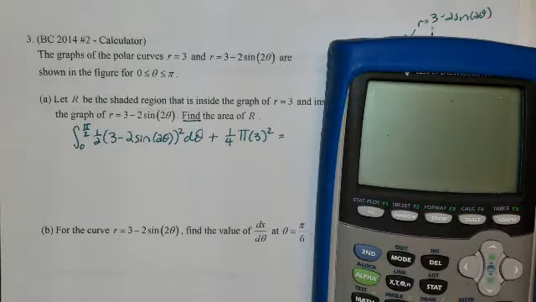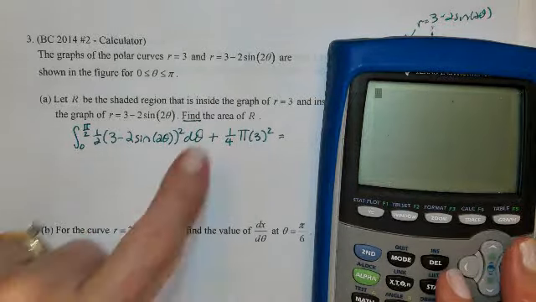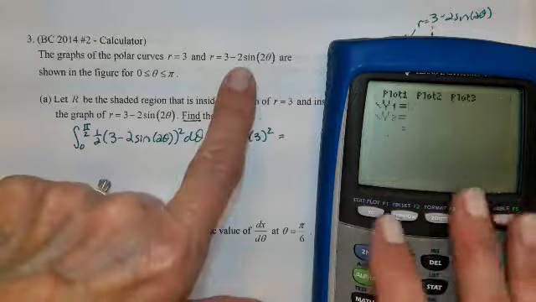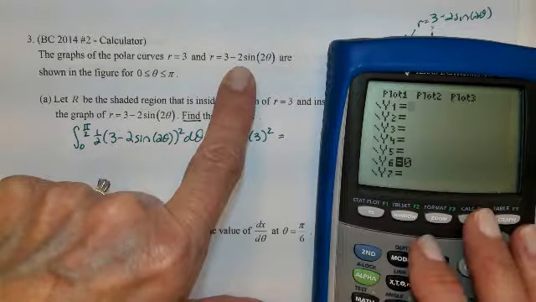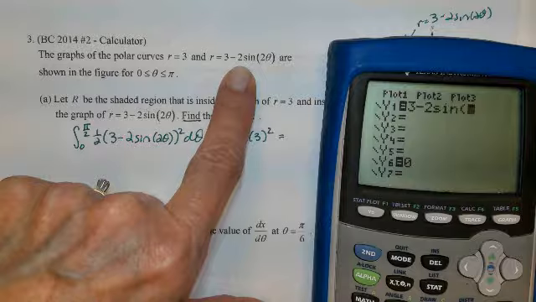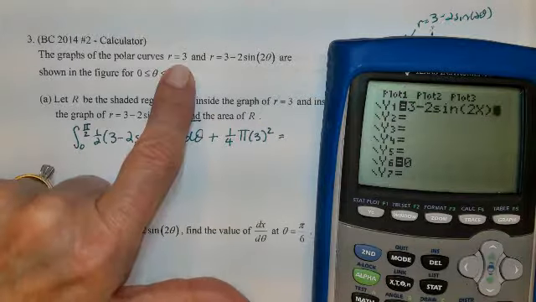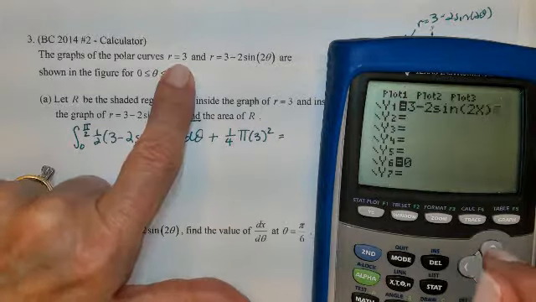Since I have this whole FRQ, I'm going to put this in for my y1: r is equal to 3 minus 2 sine 2 theta, where my x is representing theta here. That will allow me to use that all throughout the problem. I don't really have to go put 3 in, but you could if you wanted to.